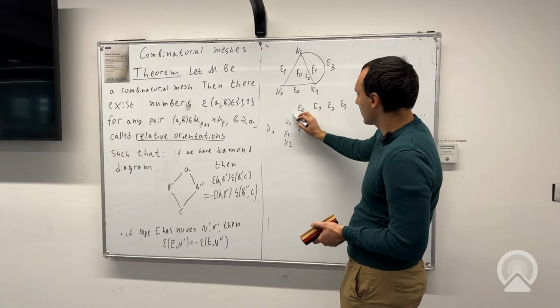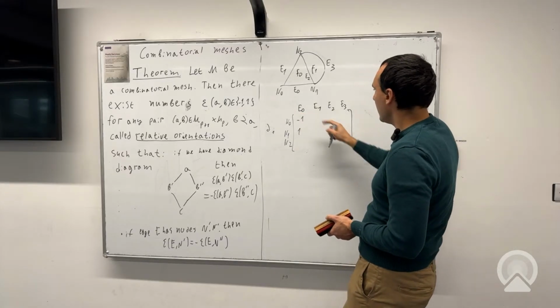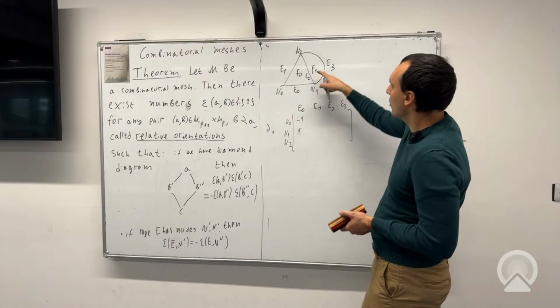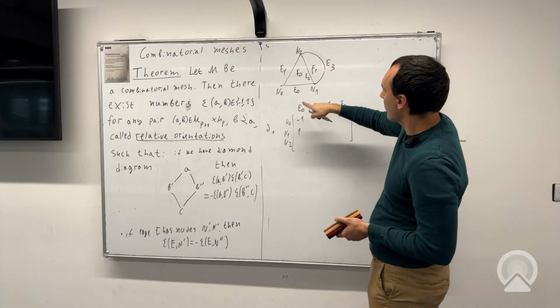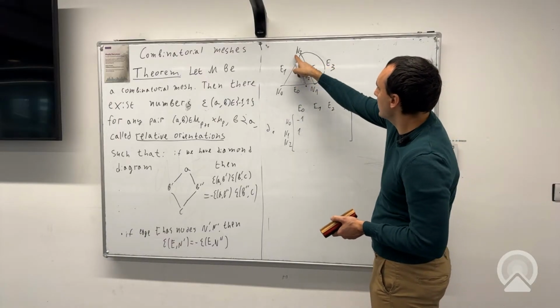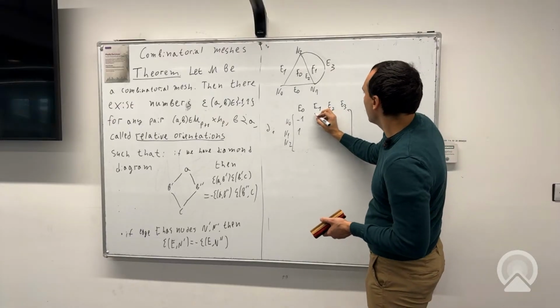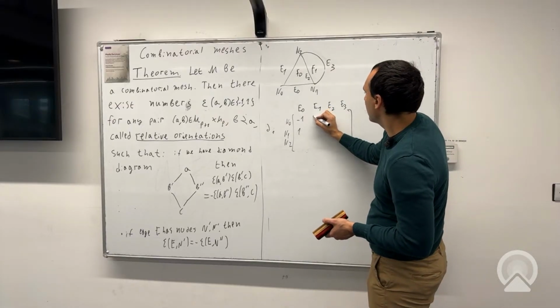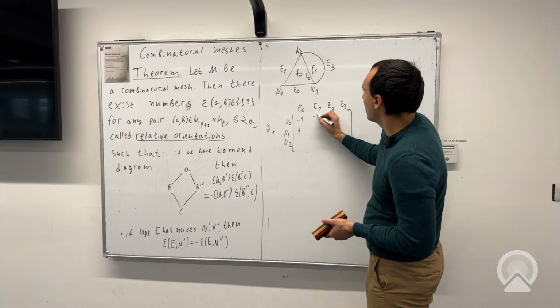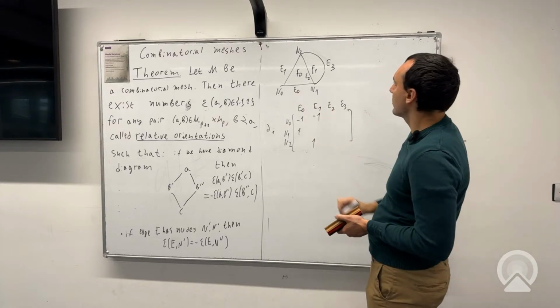And then with N0, N2, let it be -1 and then 1.